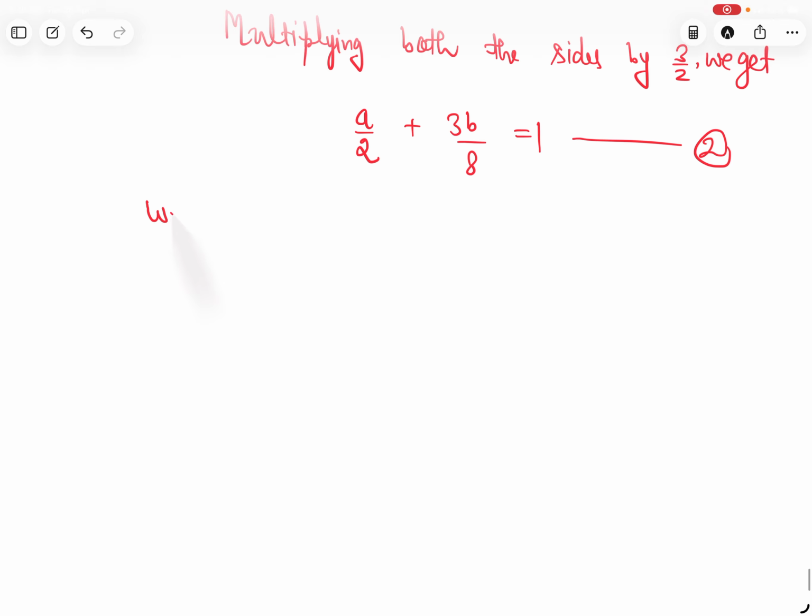So the first equation was a by 2 plus b by 3 is equal to 1, and the second equation is a by 2 plus 3b by 8 is equal to 1.